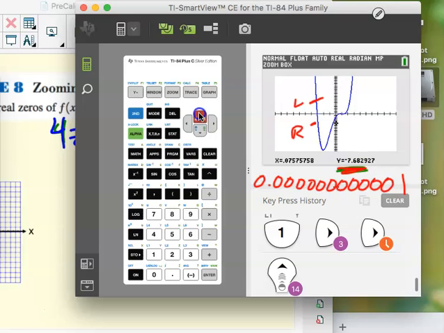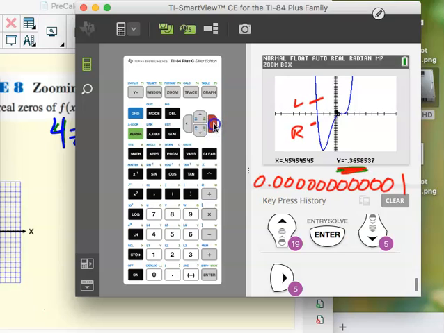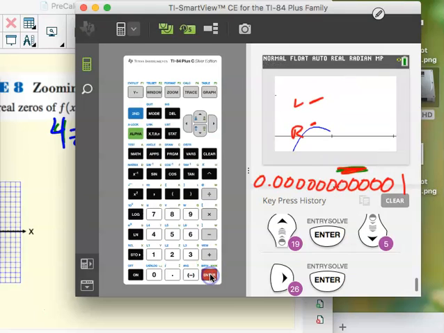What we're doing is moving Blinky to the upper left-hand corner of a box that we're going to make. So I think I'll put Blinky right there, and then I press enter. And then I use my down and right arrows to focus in on this portion of the graph where things were not super clear with the window that I had, and then I'll press enter again.